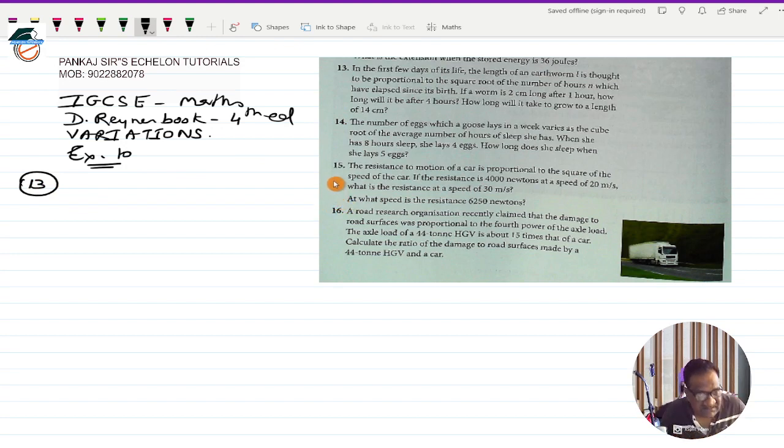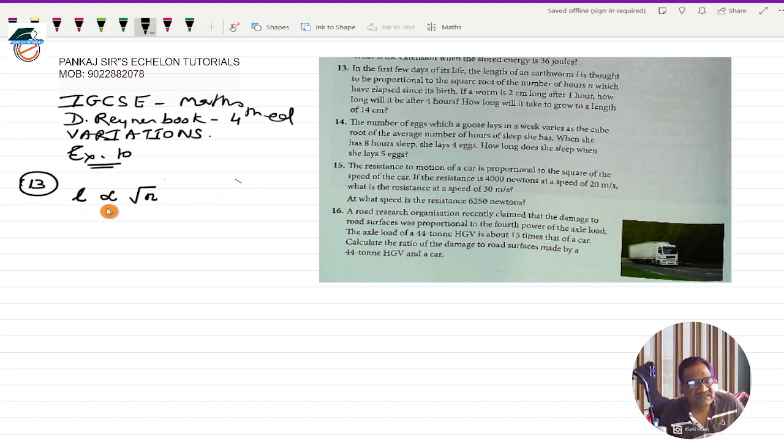So exercise 10, question number 13 says that in the first few days of its life, the length of an earthworm, L, is thought to be proportional to the square root of the number of hours, which you have to take as n, which have elapsed since its birth.